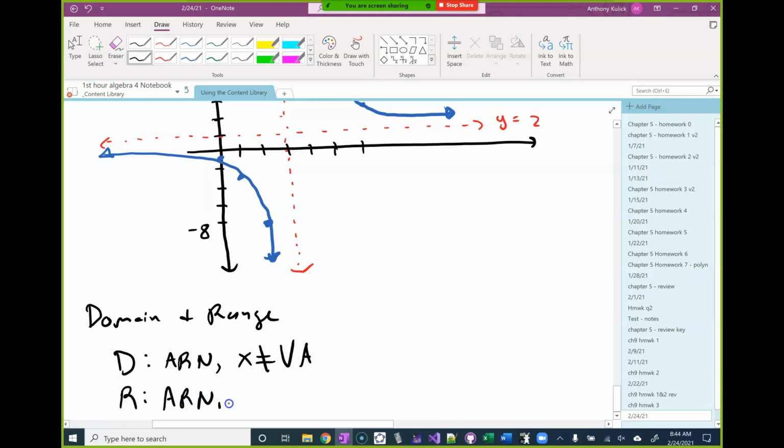And the range would be everything except for where that horizontal asymptote is. So in the previous problem that we just did, the domain would be all real numbers except 3, and the range all real numbers except 2.